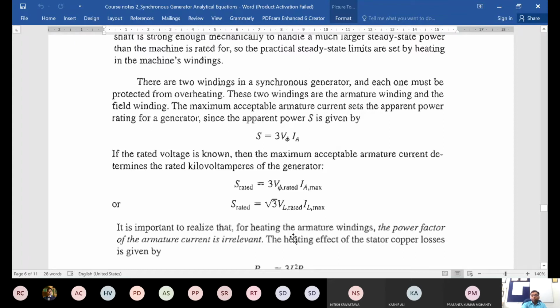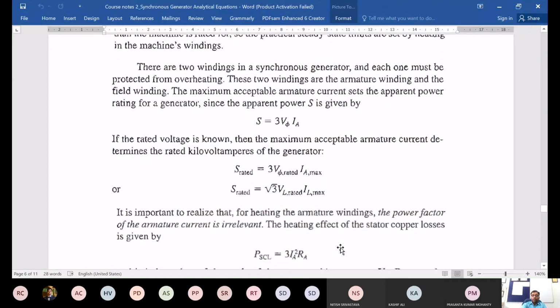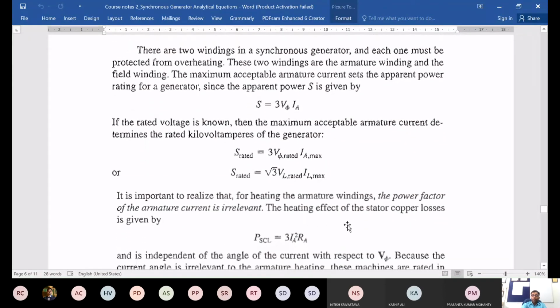It is important to realize that for heating the armature windings, the power factor of the armature current is irrelevant. So far there is no mention of power factor. This kVA is determined just by the absolute value of the armature current. The heating which will occur in the stator windings, or armature windings, is given by this expression.